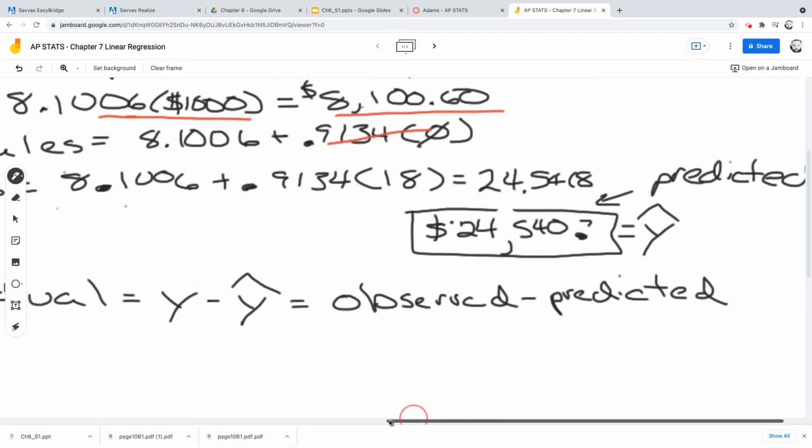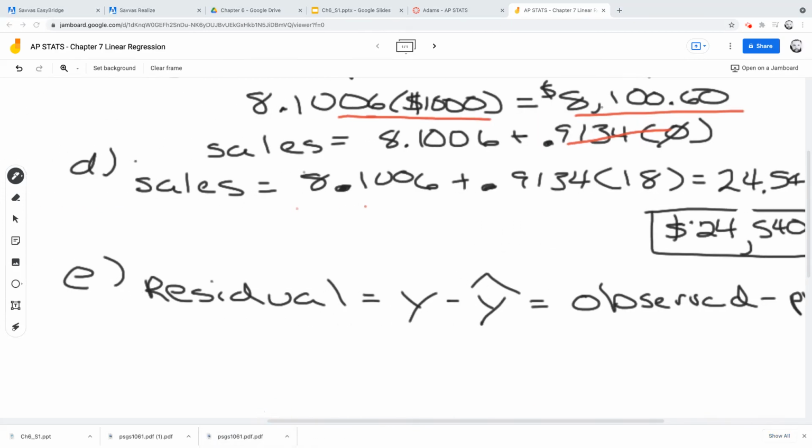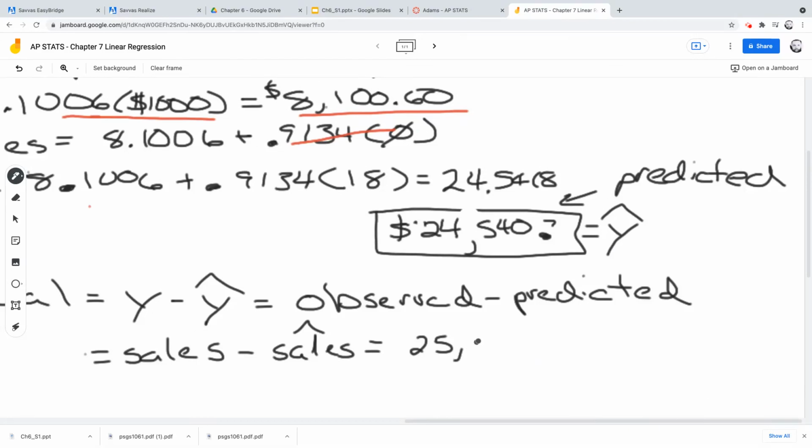But anyways, so what am I going to do? Well, to find the residual, technically this is the same as the sales observed minus the sales predicted. So you could say sales hat, all right? And so then this would be 25,000 minus 540.